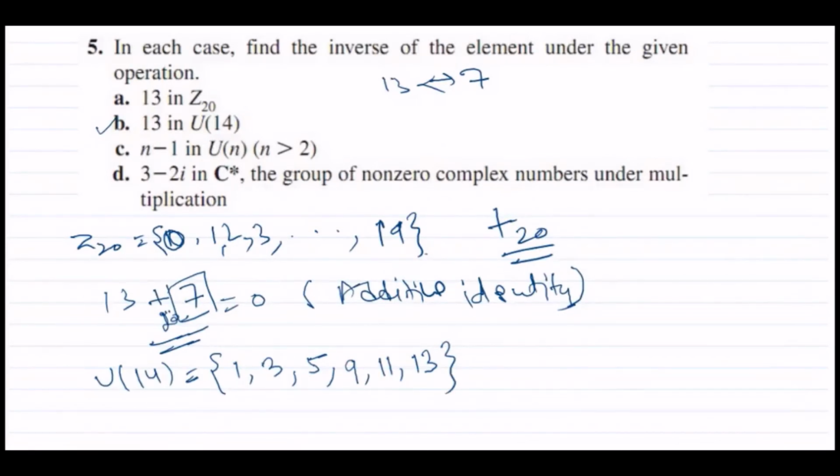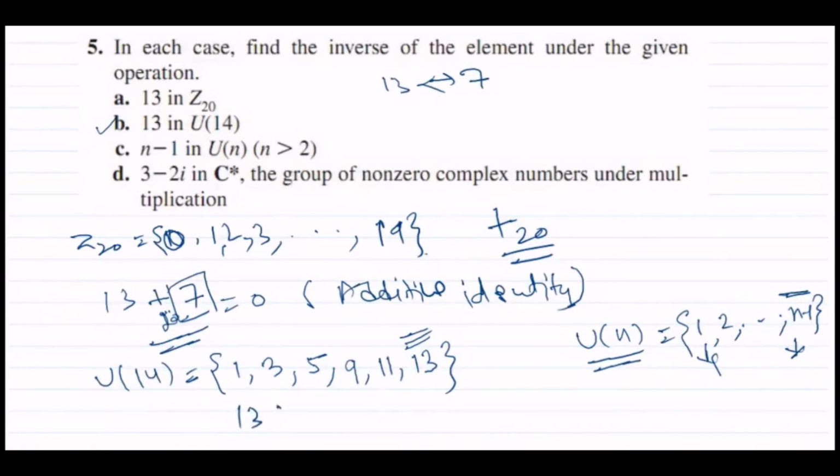So what is the question? What is the inverse of this one? In fact, when we talk about U(n), the elements 1, 2, up to n minus 1, when we form this set, 1 and n minus 1 are always self-inverse. So 13 into 13, multiply and divide by 14, you will get the remainder 1.